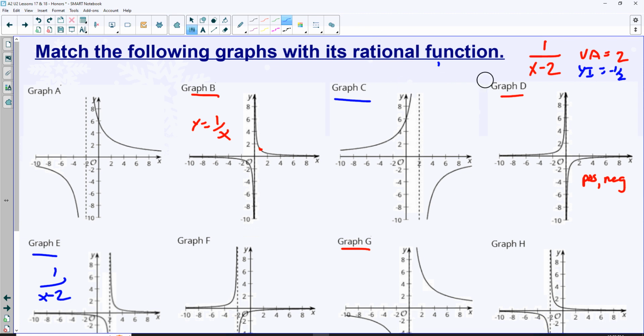One more. What if we did this now? Let's pick a different one. One of the other ones that's on there is negative 12 over x plus 2. Let's try this one.